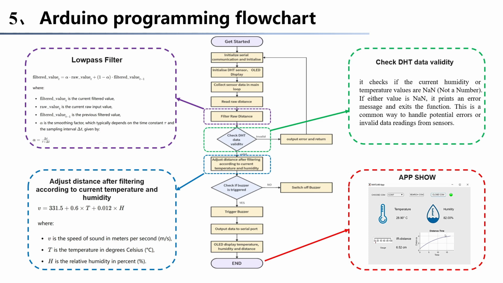Then I check the buzzer condition, whether it is triggered or not. After that, output the data to the serial port. The OLED displays the temperature, humidity, and distance data. That's all the flowchart logic. So let's move on to my equipment.